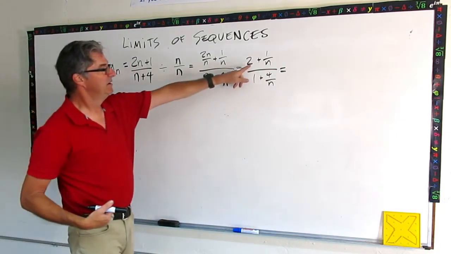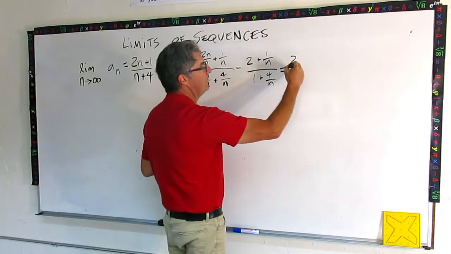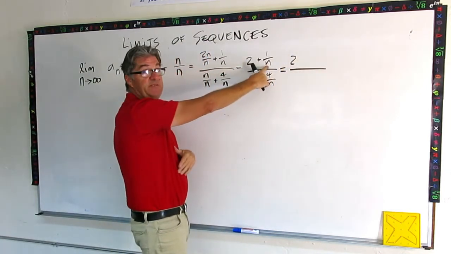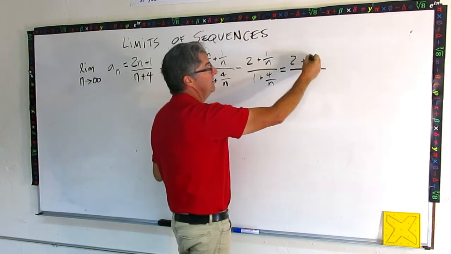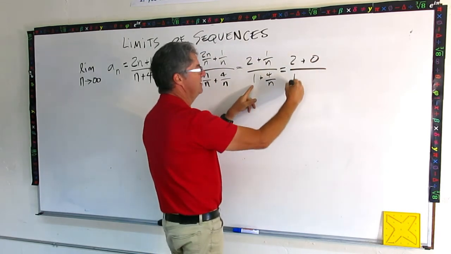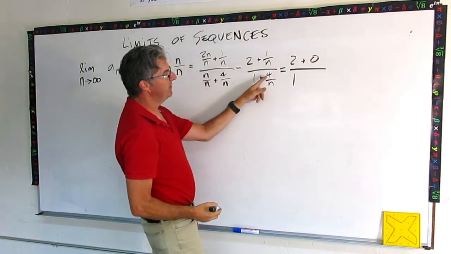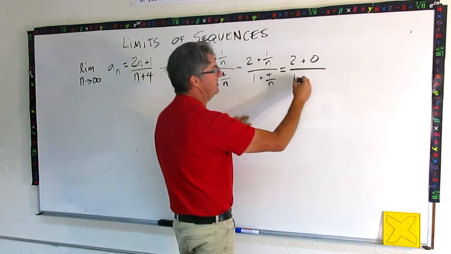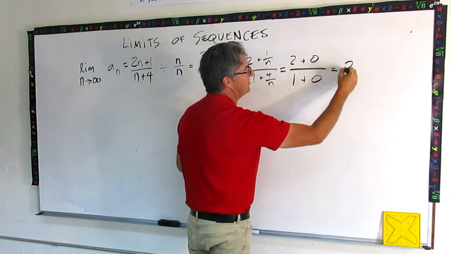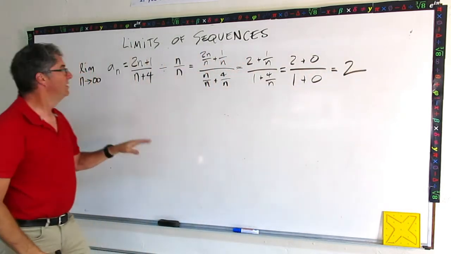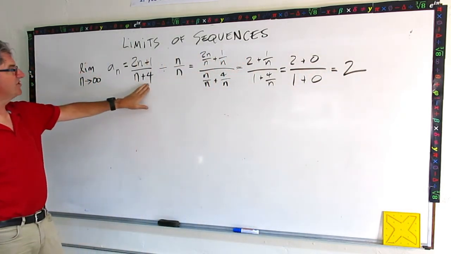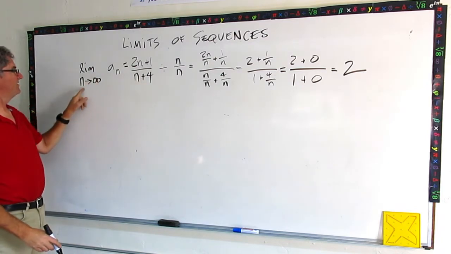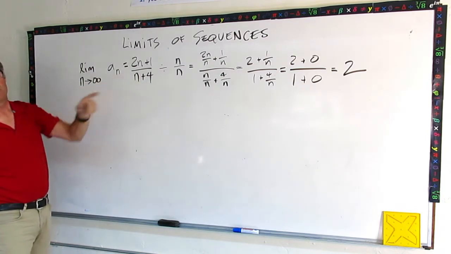This just stays 2. When n goes to infinity, this fraction goes to 0. This just stays 1. When n goes to infinity, even though the 4 is bigger than the 1, this term still goes to 0. So that's plus 0. So this is just 2. The limit of this sequence as n goes to infinity is just 2.